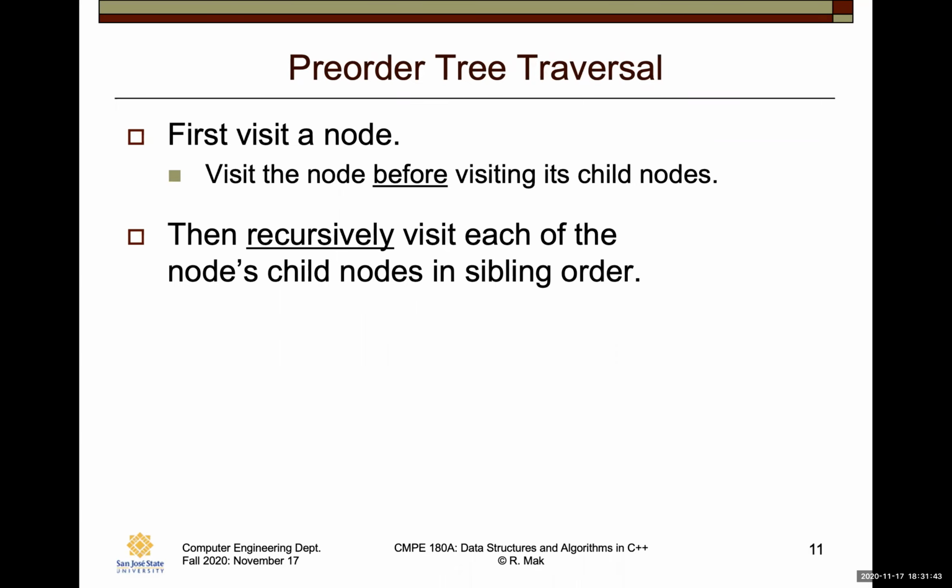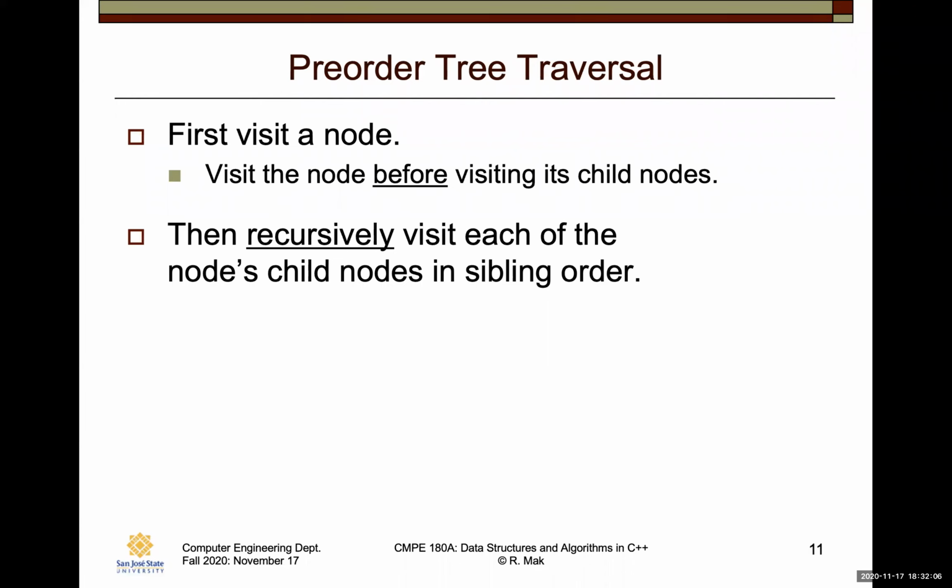And then of course, when you're at a node, you can go visit the children of the node, and so you have to follow the links that each node has. All right, so pre-order tree traversal: you visit the node before visiting its child nodes.